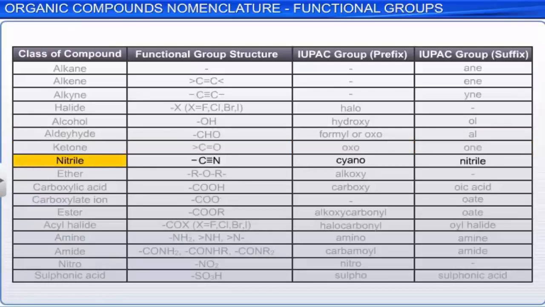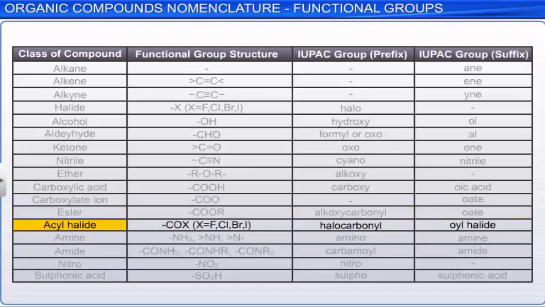The nitrile group prefix is cyano and the suffix is nitrile. The ether group prefix is alkoxy. The carboxylic acid group prefix is carboxy and the suffix is -oic acid. The carboxylate ion group suffix is -ate. The ester group prefix is alkoxycarbonyl and the suffix is -oate.